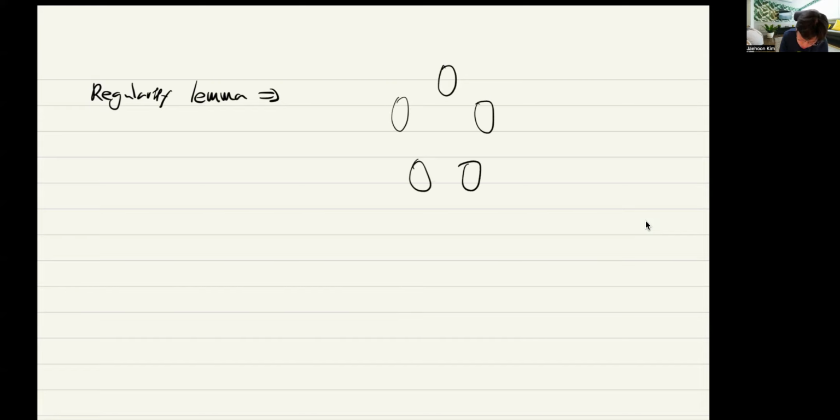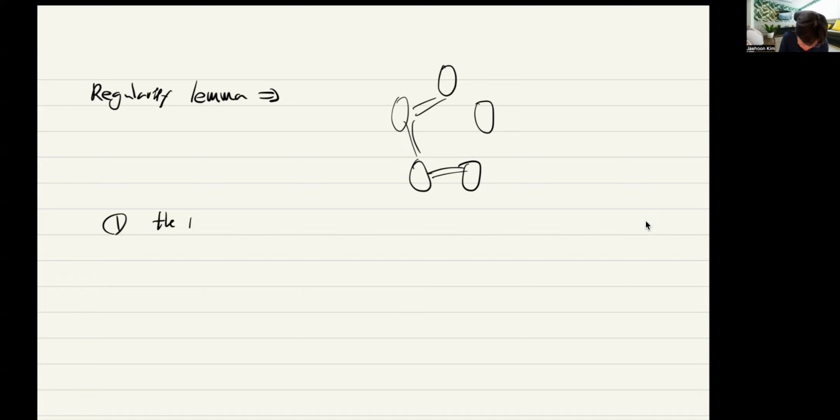And the issue for that is that if you apply the regularity lemma, then you get the regularity partition. And the issue is that it's not super regular.